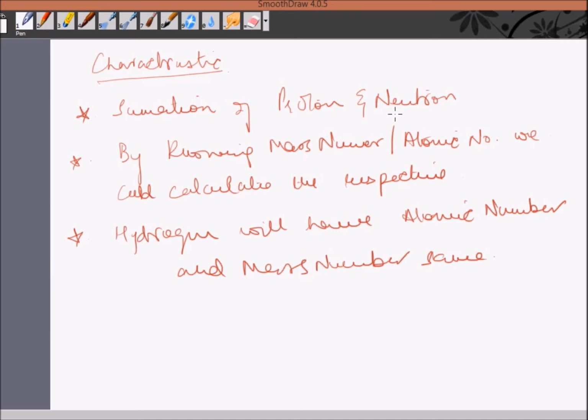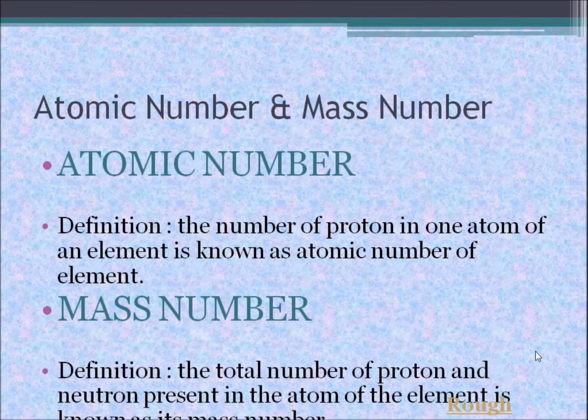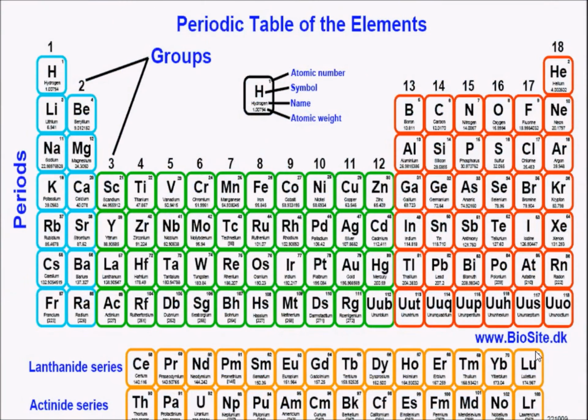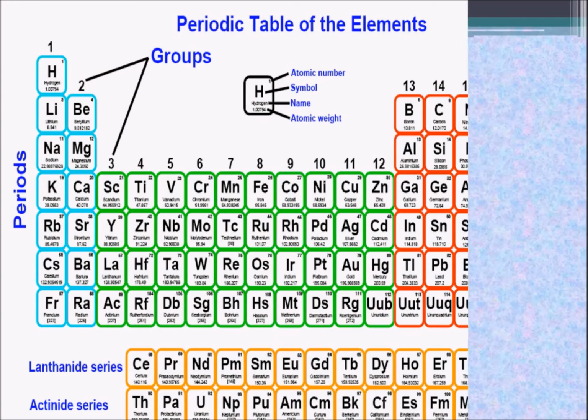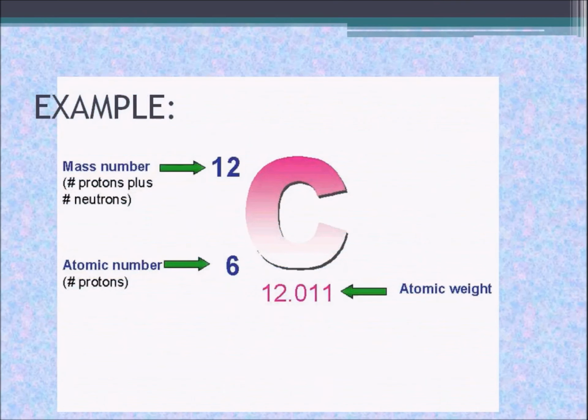Now let's discuss how we actually represent the element. This is the periodic table where we keep all the elements according to the atomic number.